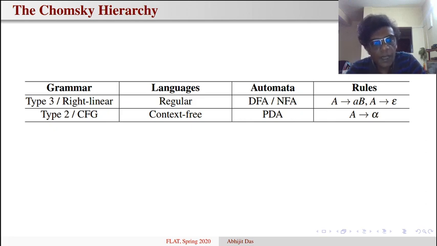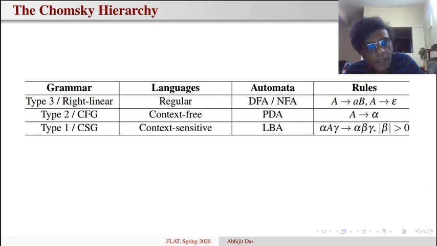In the next level, which we have not studied very carefully or in detail, we have type 1 grammars or context-sensitive grammars. So they are associated with context-sensitive languages, which are the languages of linear bounded automata.